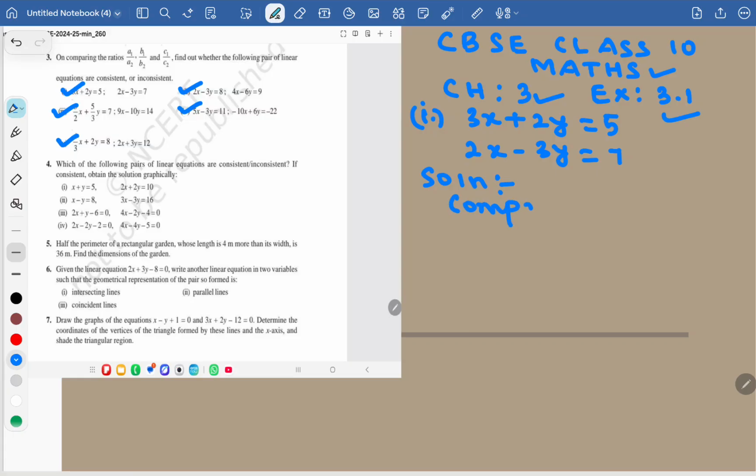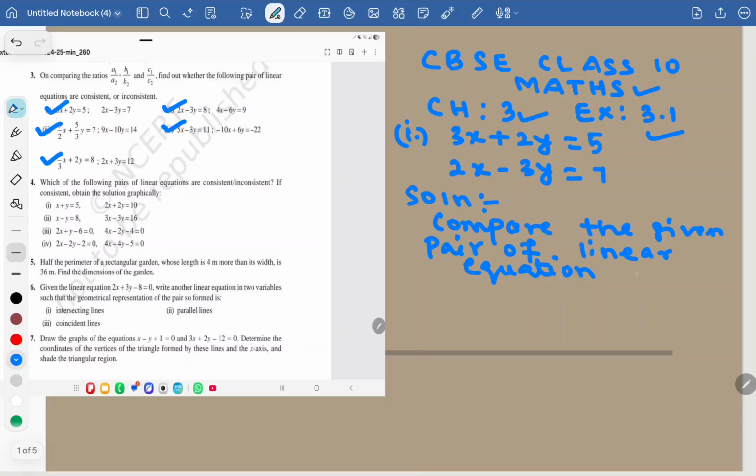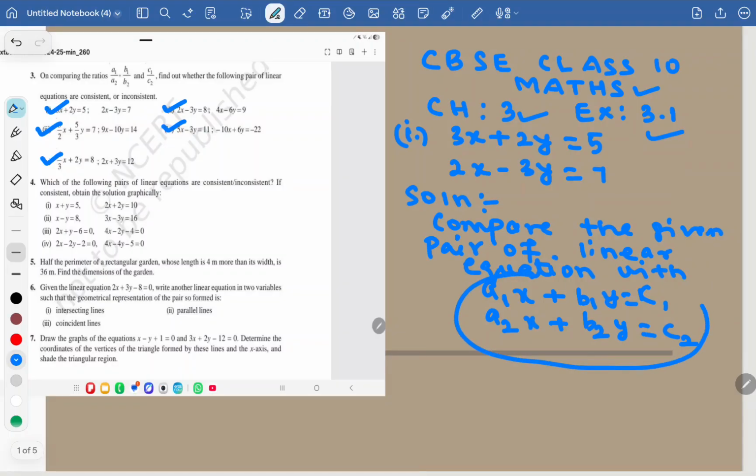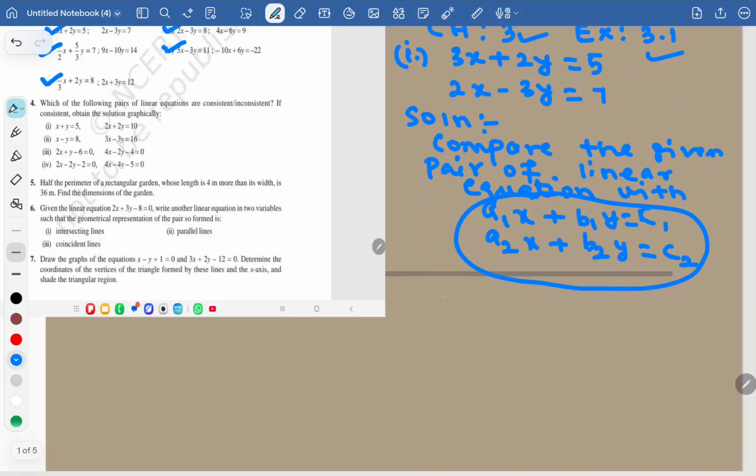Compare the given pair of linear equations with a1x plus b1y equal to c1, a2x plus b2y equal to c2.